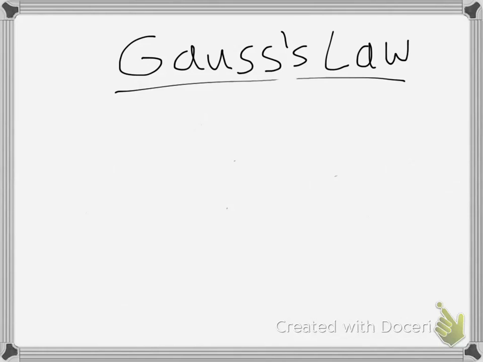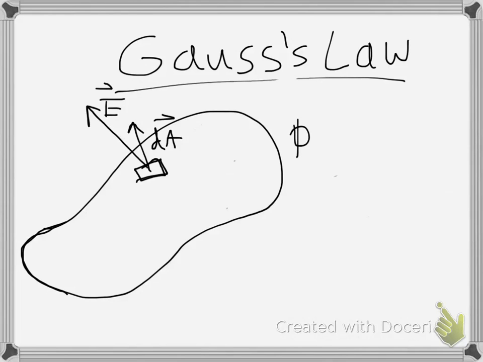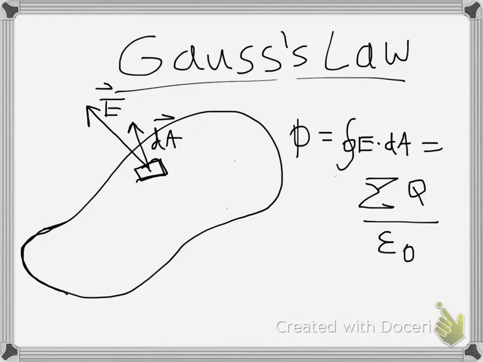Gauss's law says that if you have a closed surface with a charge inside, so there are no openings, then if we take a little rectangle dA, and here's the electric field vector at that point, the flux is equal to the integral over the whole surface of E dot dA, and that's equal to the sum of all the charges inside divided by epsilon naught.